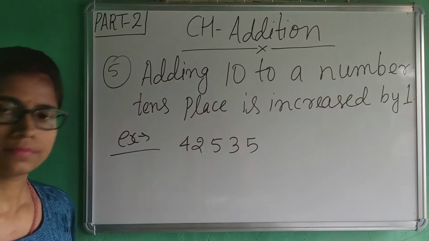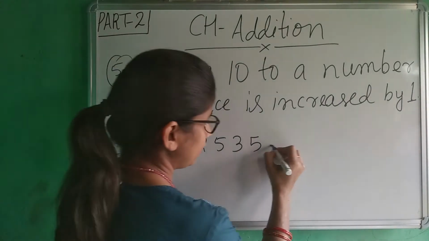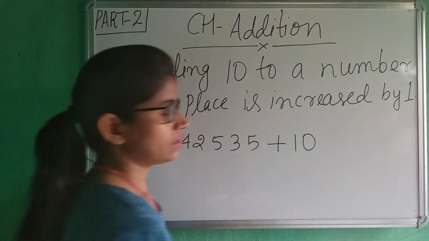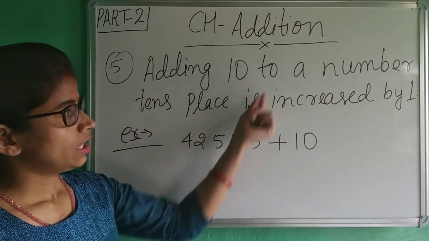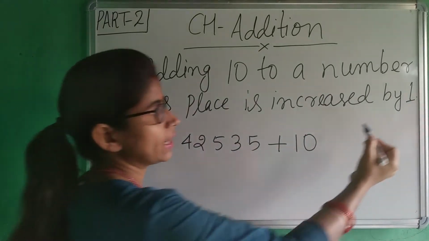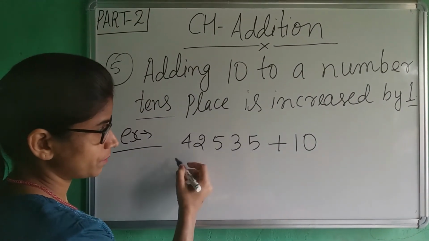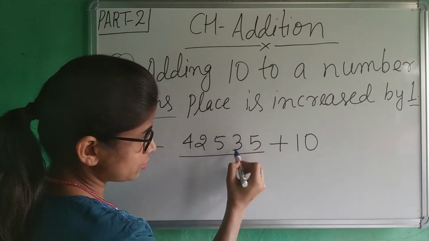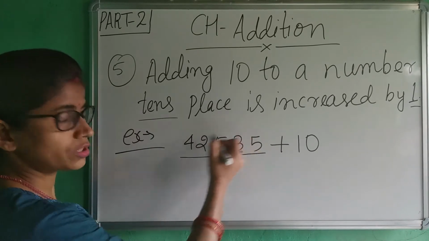42,535. Okay, I am taking this number and I am going to add 10 in this number. What will happen? According to the rule, your tens place will increase by 1. Now, where is your tens place in this number? This is your tens place. 1's, tens, means 3 is your tens place.